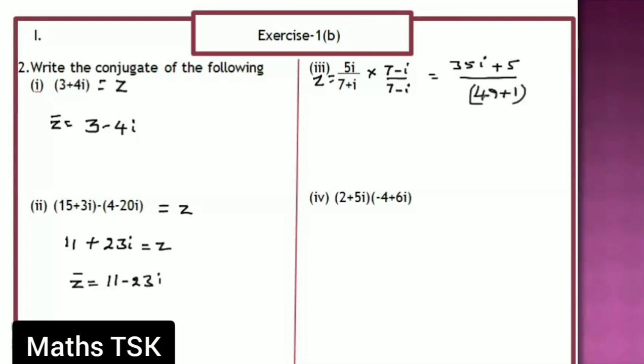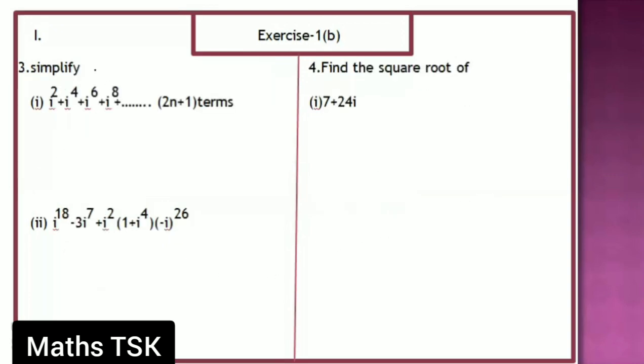There is 50, 5 tenths, 5 ones, 5 sevenths. So I can write z as 1 plus 7i by 10. So what is z bar? The conjugate is 1 minus 7i by 10. Similarly, you can simplify this.